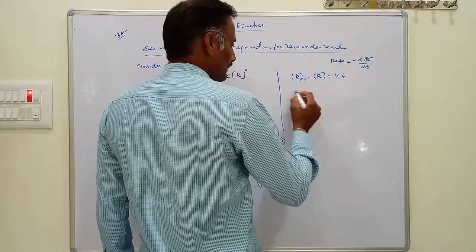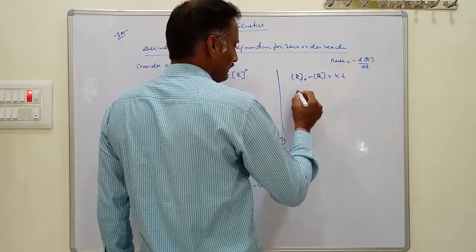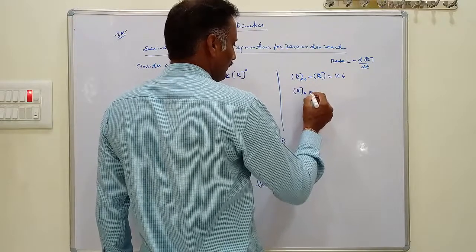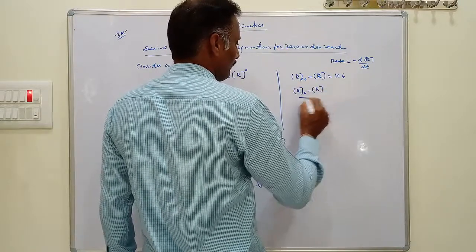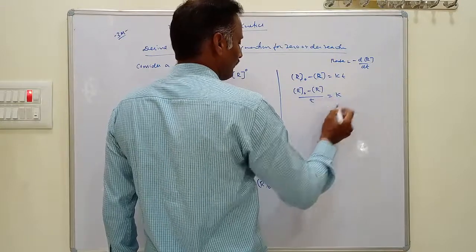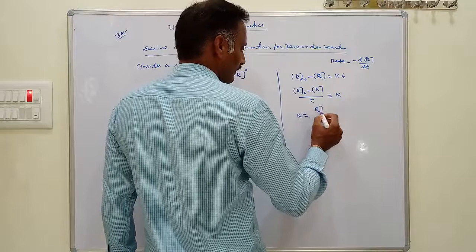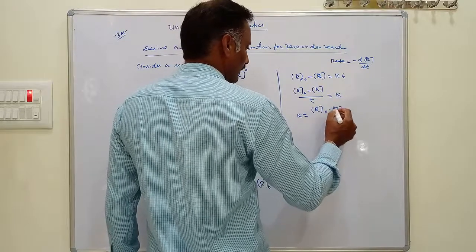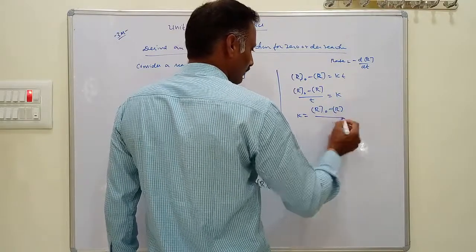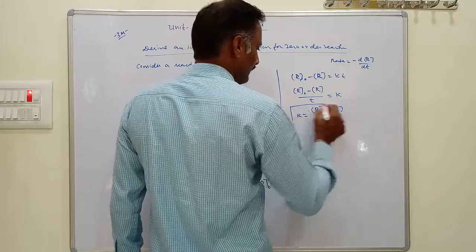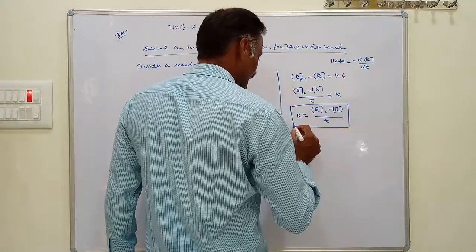Then R naught minus R by t equal to k. That is the rate constant k equal to R naught minus R by t.